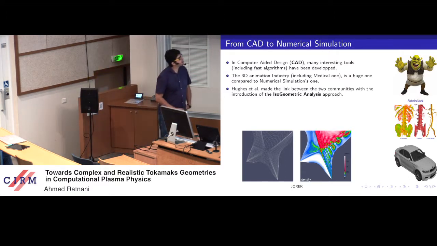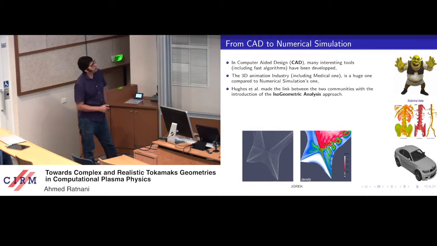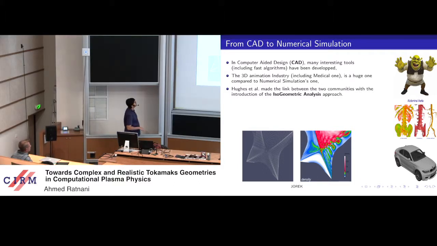So he made the link between these two communities by using this isogeometric analysis approach. His idea was to have the same description of the geometry and of the unknown that solves our PDEs.